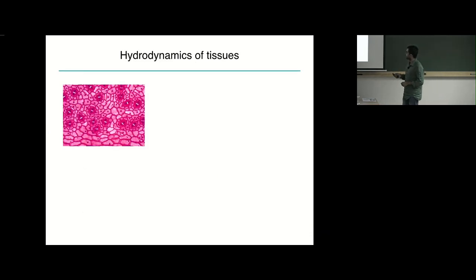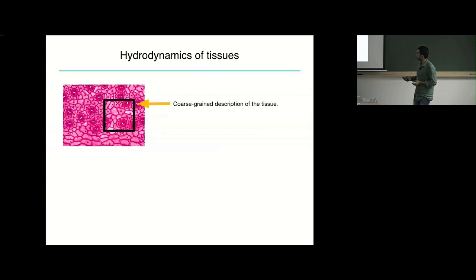So, the hydrodynamics of tissues: how to construct a hydrodynamic theory for tissues. What we need is a coarse-grained description of the tissue. You take a patch of cells, take the average velocity and average orientation of the cells, and denote it by a small particle inside.